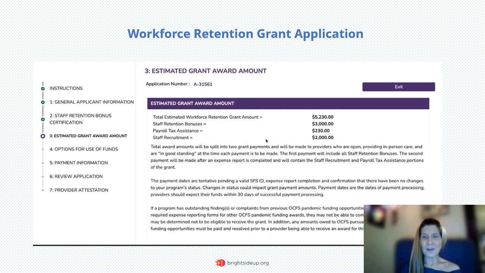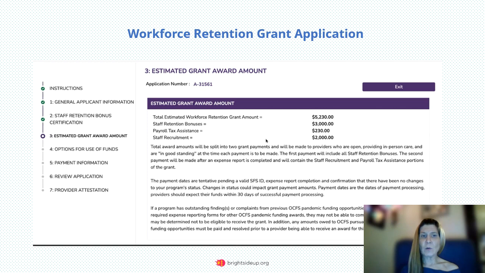I wasn't sure if I should show this screen twice, but I think I should, because what I'm going to show you here is kind of like an example of how you make sure that the application is correct based on the eligible employees. So if you have a couple employees that work in your program, and let's just say you didn't select yes for each of the questions that were asked when you were qualifying these employees, what you're going to see after you've answered those questions is your estimated grant award amount.